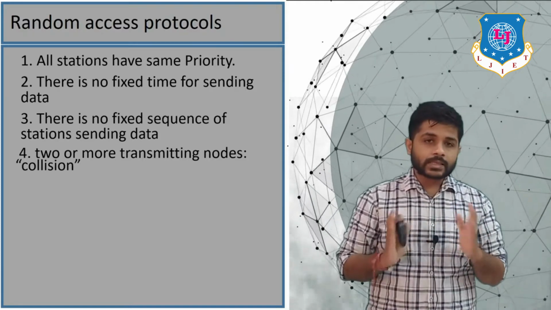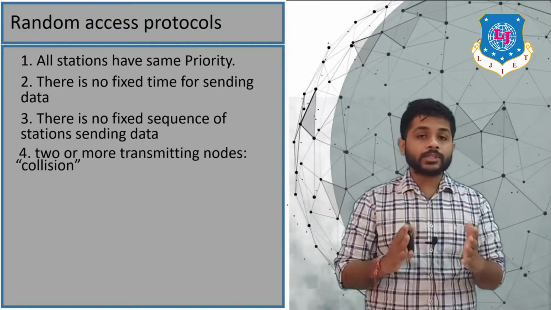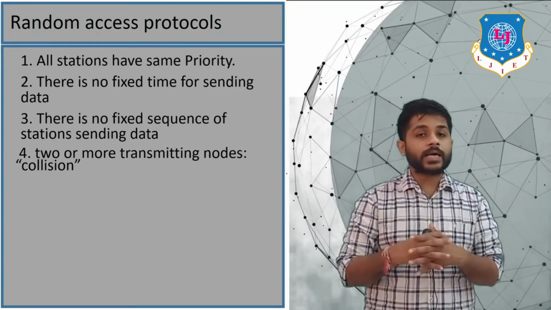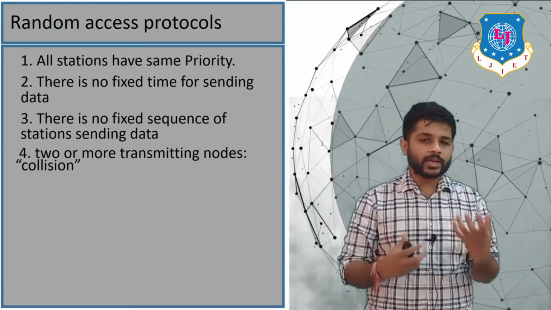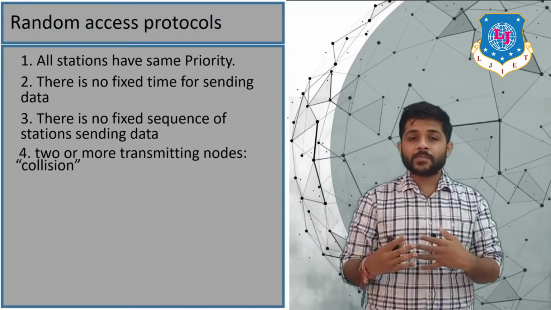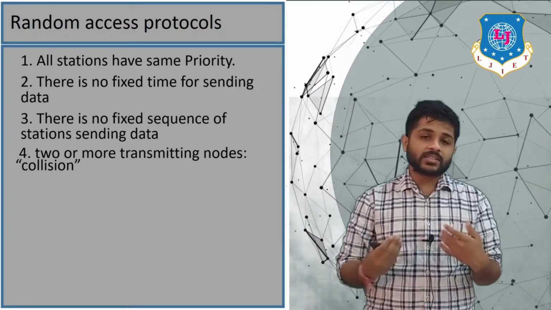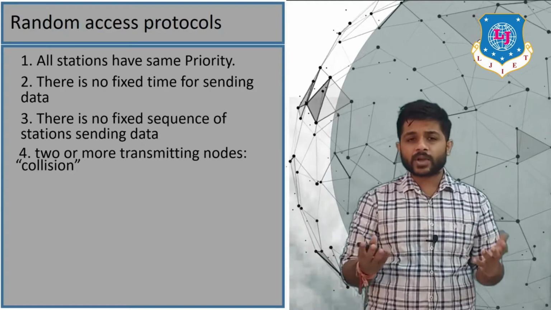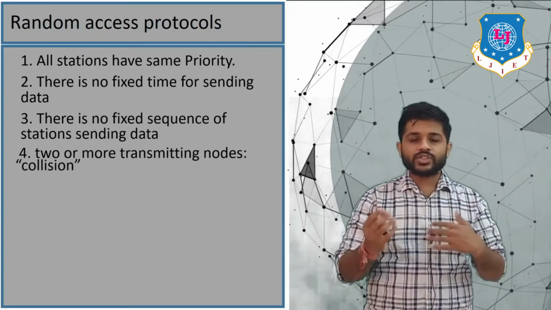When they send data at the same time, all the data sent by those devices will collide together, and it will create noise, right? It will create junk in the channel, and if the receiver receives this noise, it will not be able to understand what the data is, because it is nothing but junk data. All the signals are changed drastically.